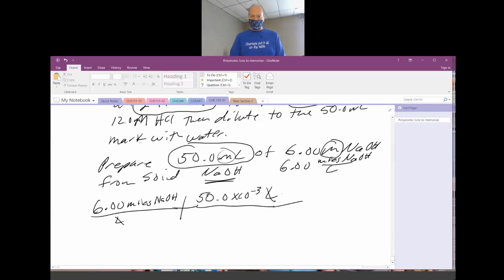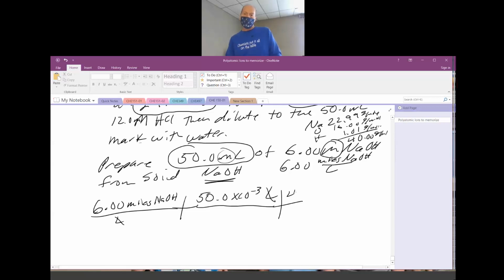That will cancel. All right, so moles of NaOH, I don't have any way to measure moles in the lab. I have a balance, I can do grams, and so I go to the periodic table and find Na, which is 22.99 grams per mole, and I find O, which is 16.00 grams per mole, and I find H, which is 1.01 gram per mole, and I add those up, and it's a perfect 40.00.